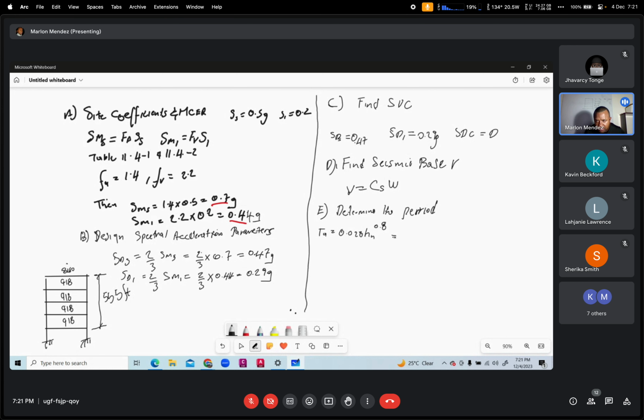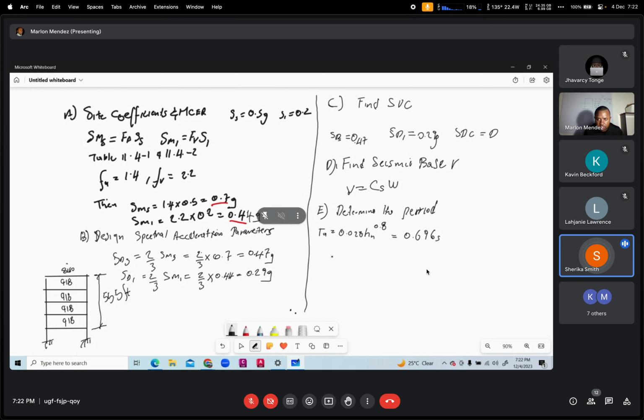So this gives us, you can multiply, 0.696 seconds. Okay, so that is the fundamental period of the structure itself.